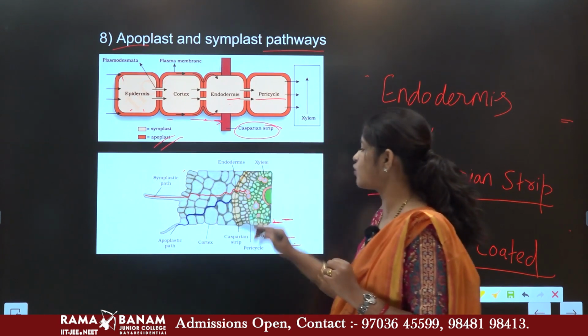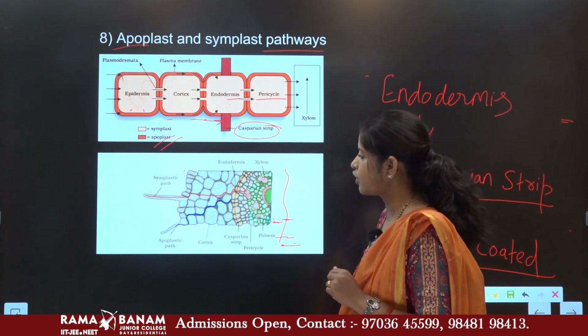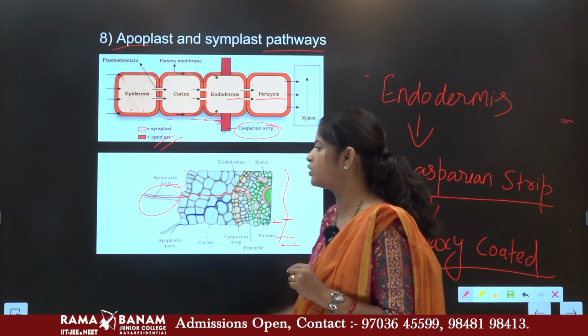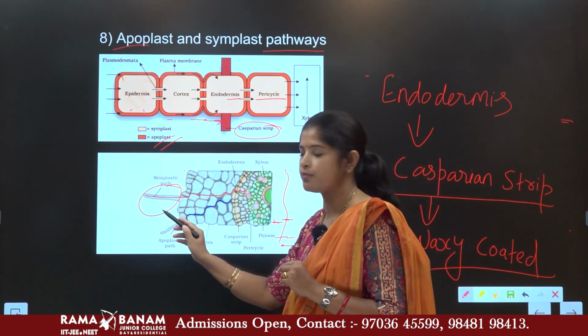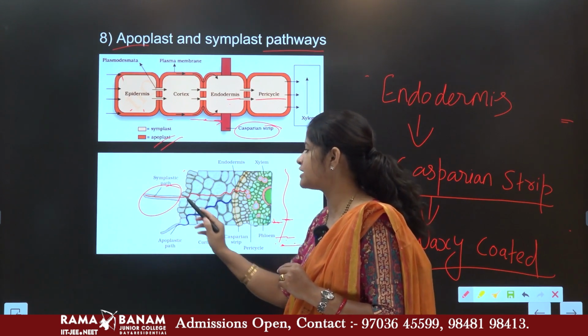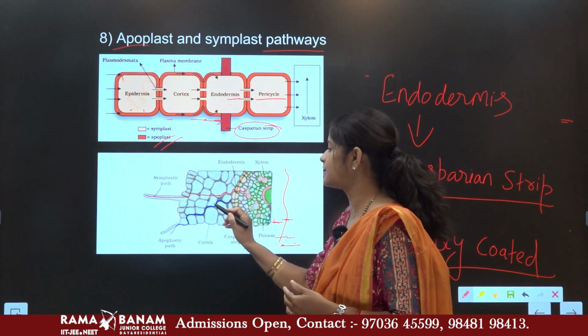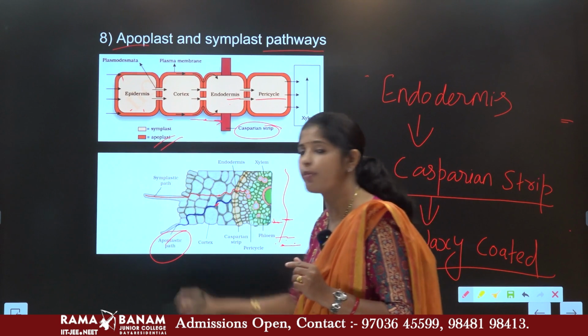Similarly, you can see this in the root. When you look at the anatomy of the root, this structure is the root hair. Root hair is in contact with the soil. In the root hair, you can see two lines, the red line and the blue line. Blue represents the apoplast.